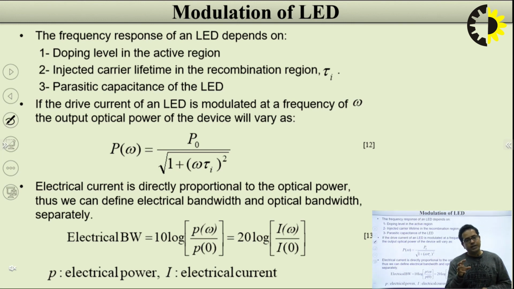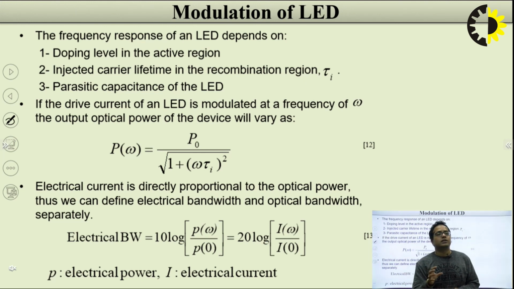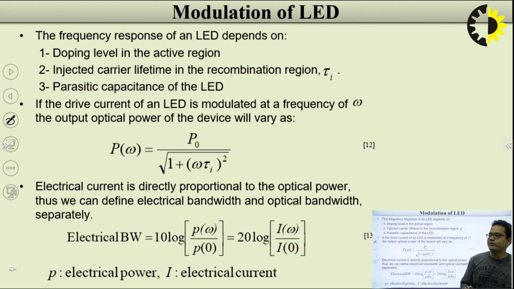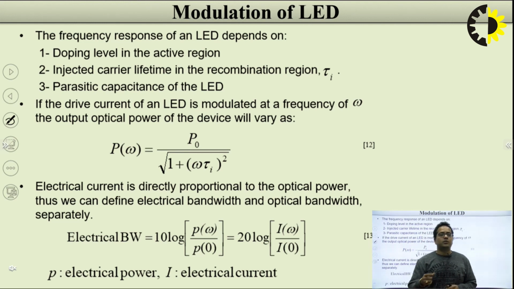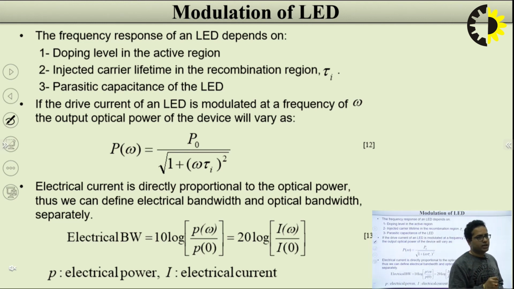So the doping level inside the active region is the most important criterion deciding the frequency response of the LED. The second point is the injected carrier lifetime, that is, the lifetime of the injected carrier in the recombination region. And the final one is the parasitic capacitance of the LED.